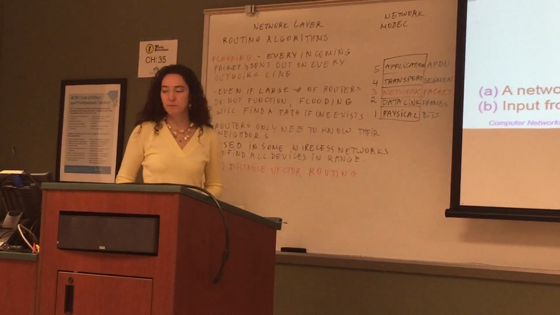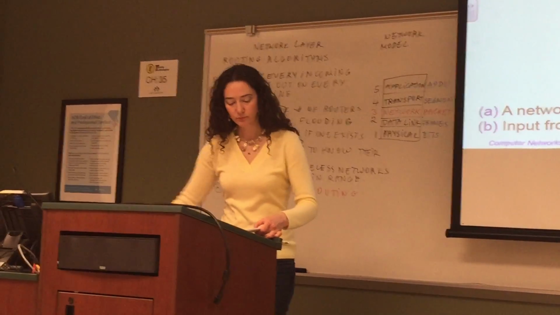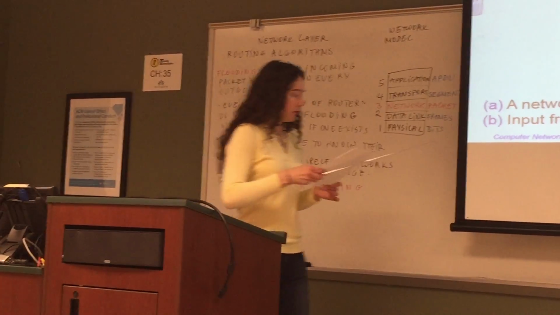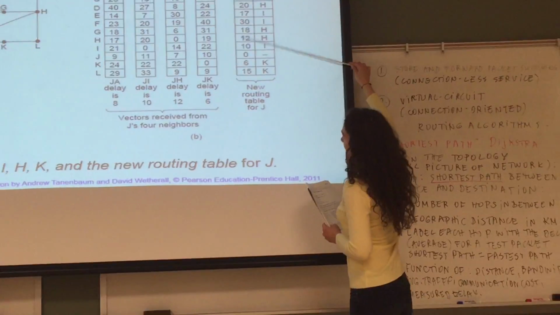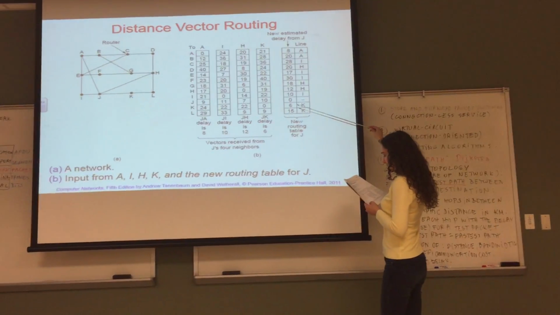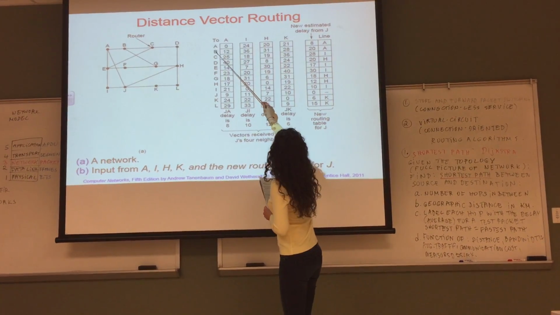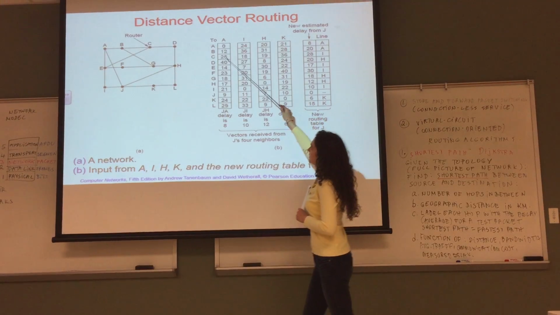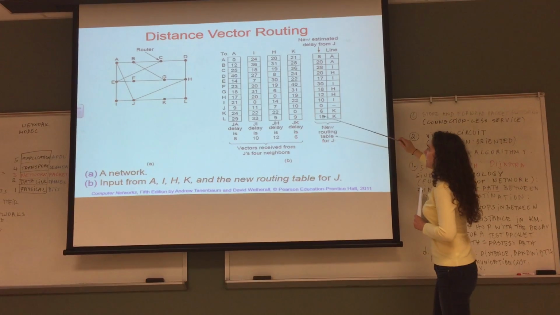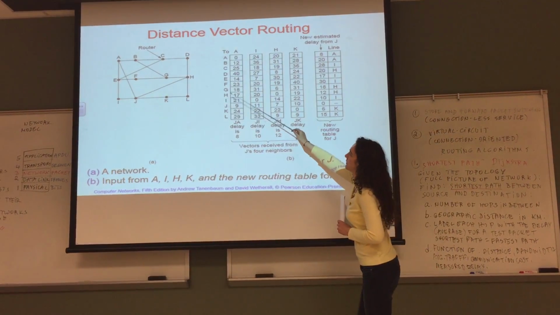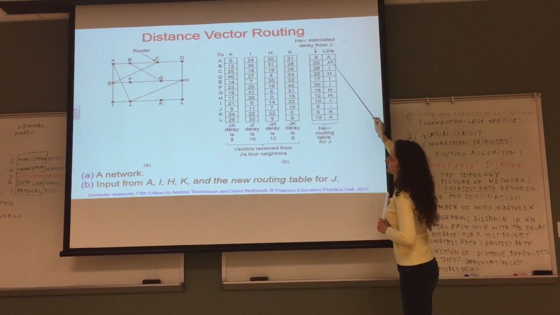With this algorithm, each router maintains a table or a vector showing the best known distance to each destination. The destinations are A, B, C, D, E, F, G, K, L, and for each one of these, it shows on which line it should forward the packet.